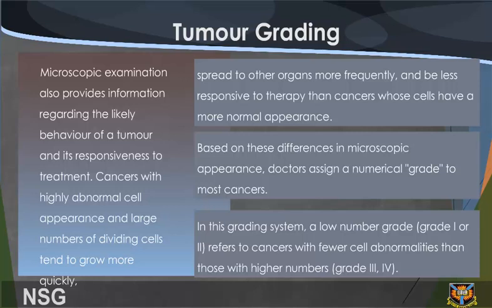Based on these differences in microscopic appearance, doctors assign a numerical grade to most cancers. In this grading system, a low number grade, 1 or 2, refers to cancers with fewer cell abnormalities than those with higher numbers, grade 3, 4.